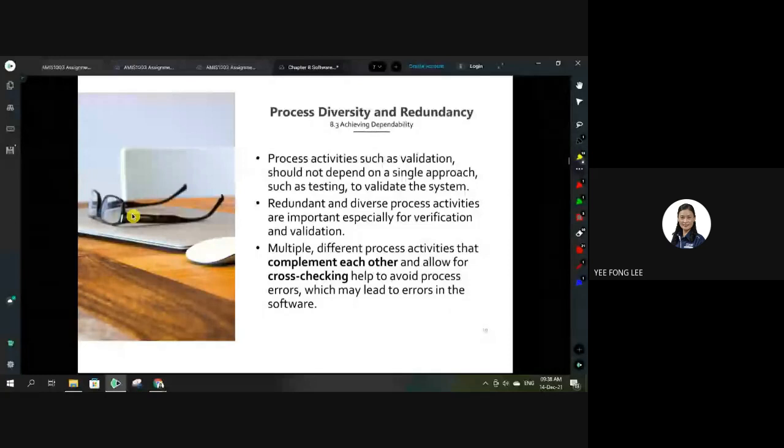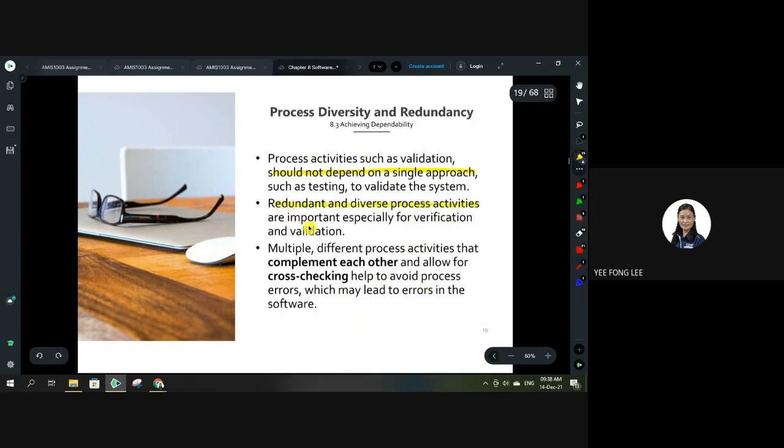Next slide here. Process diversity and redundancy. So what's the content here? Any keywords? Shall not depend on a single approach. Yes, agree on this. Redundant and diverse process activities are important, especially for V&V, verification and validation.